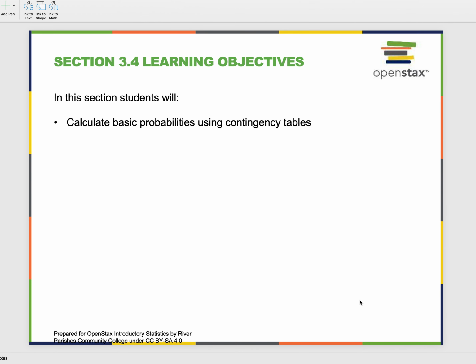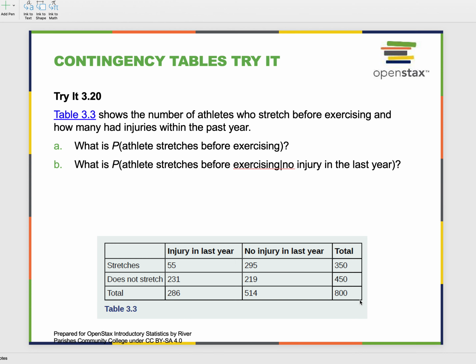So now when we talk about contingency tables, what do we got here? We calculate probabilities. Look at this. We got injuries in the last year, no injuries in the last year. These are some athletes that do stretching before exercising and how many had injuries within the past year.